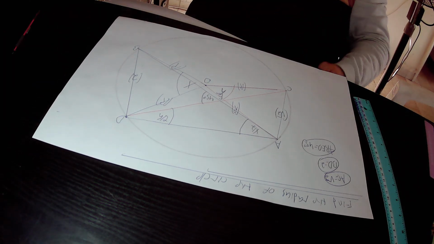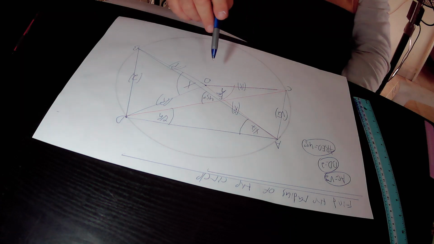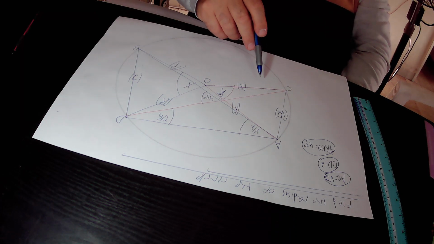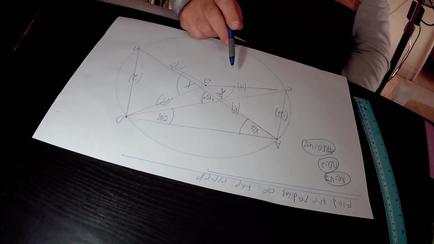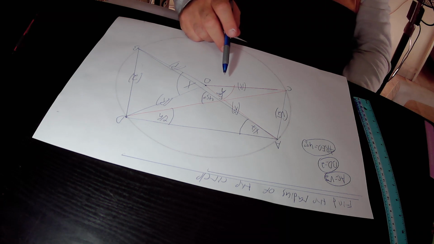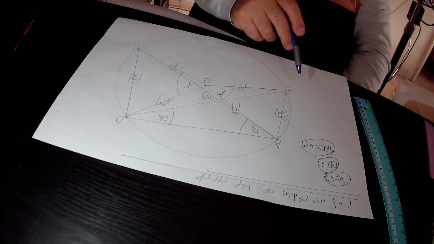In the next step, I'll copy triangle AOC. This is triangle AOC on a new page, and we will implement the law of cosines in this triangle.